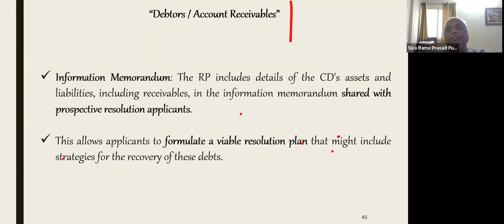Every small item is an asset of the company, so that's why we have to mention it. Why? Because all this total undertaking we are giving to the prospective applicant, if he wins in the COC or the adjudicating authority finalizes the resolution plan.